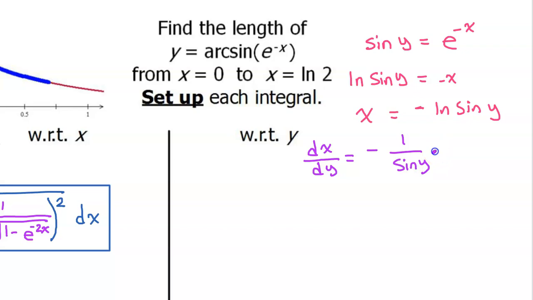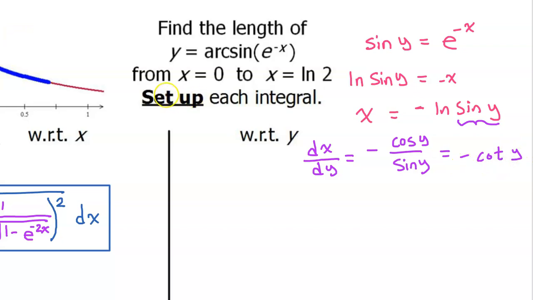But then because of the chain rule, we need to multiply by the derivative of u. The derivative of sine is cosine. Notice this is the same as negative cotangent y.